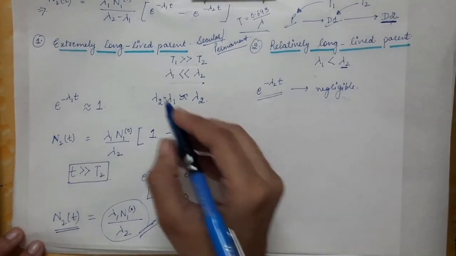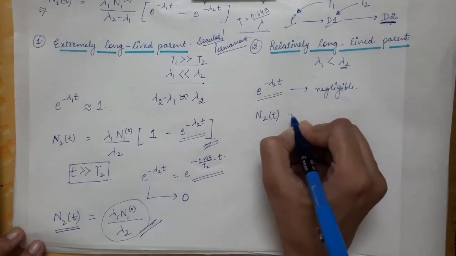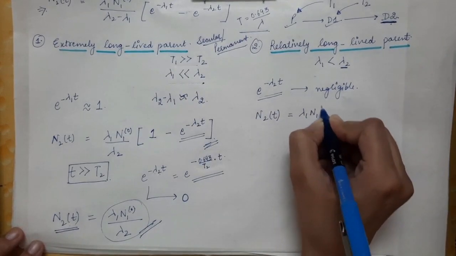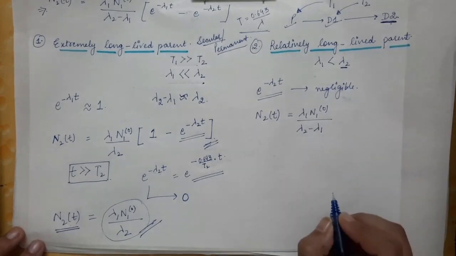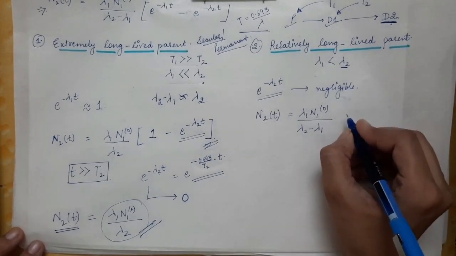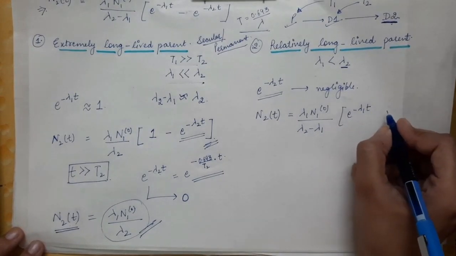So in that case, what will be the formula for the daughter nuclides? N2 t will be equal to lambda 1 into N10 divided by lambda 2 minus lambda 1, into e power minus lambda 1 t, minus 0.